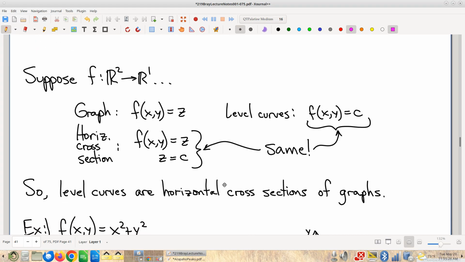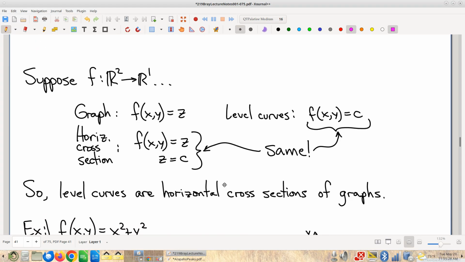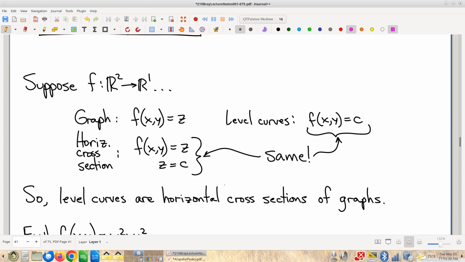Now, there is a relationship between level sets and graphs. I cannot emphasize enough, they are not the same thing. They are different constructions: the level set construction and the graph construction. You can see right here the difference when you're looking at a function. We form the graph by setting the output values equal to a new variable.